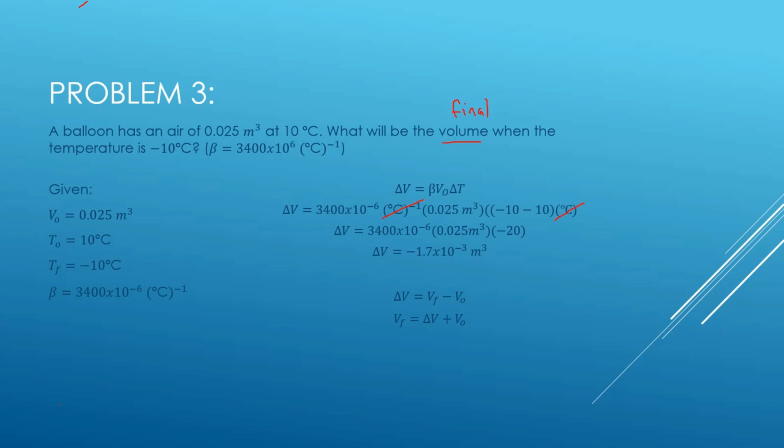Using the addition property of equality, you transpose this here, and you get final volume is equal to change in volume plus initial volume.